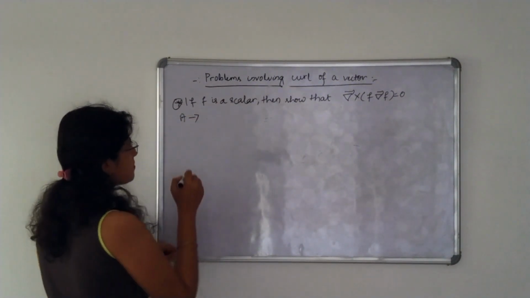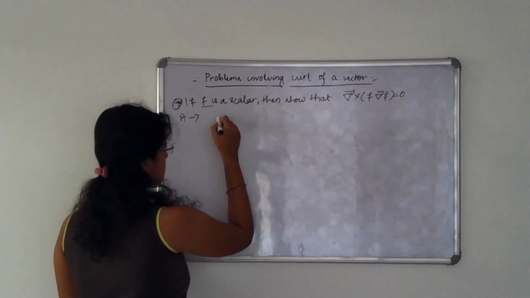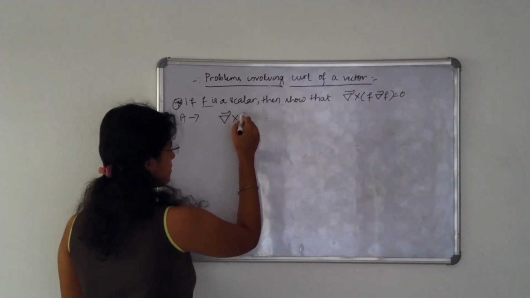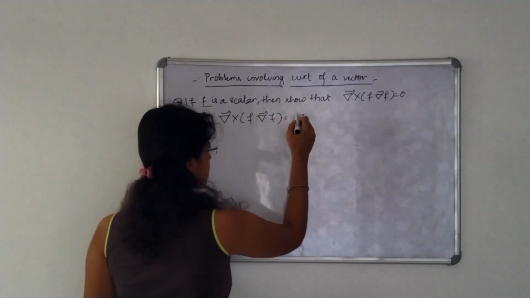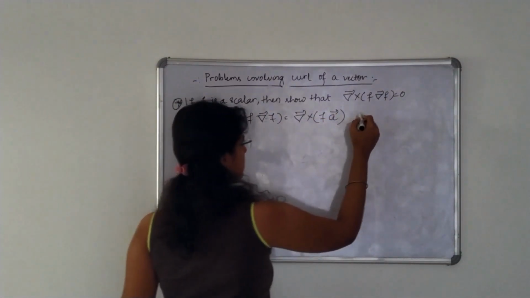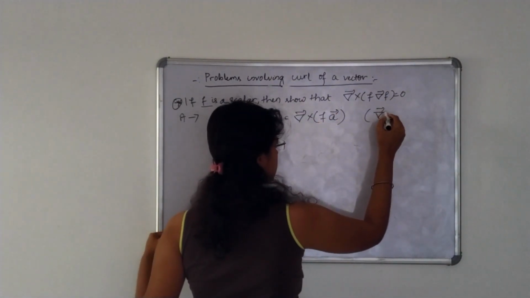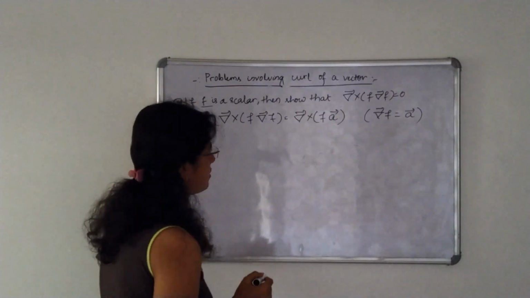So this question is similar to the previous question. Here f is a scalar, then we can write it as, where we take grad of a is a vector.